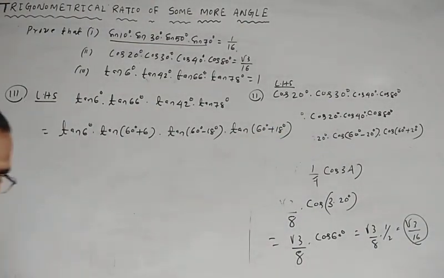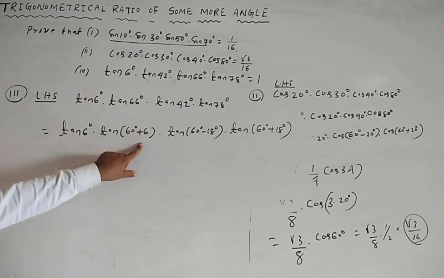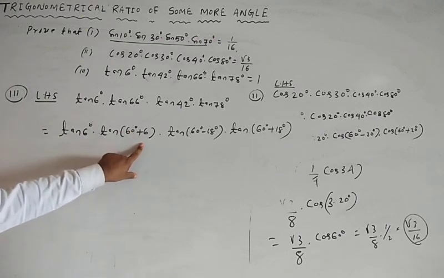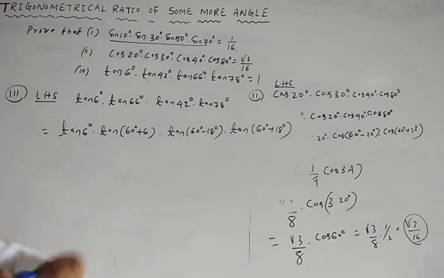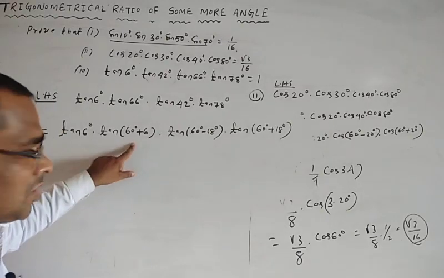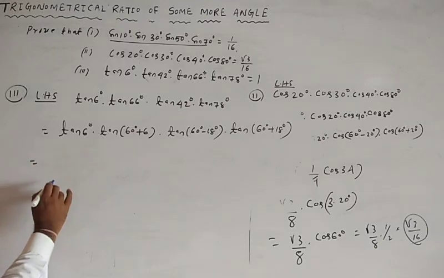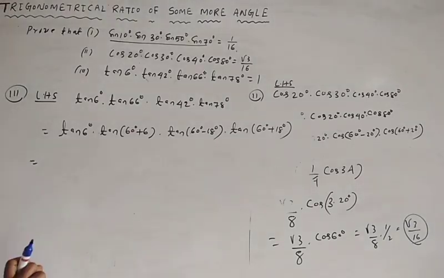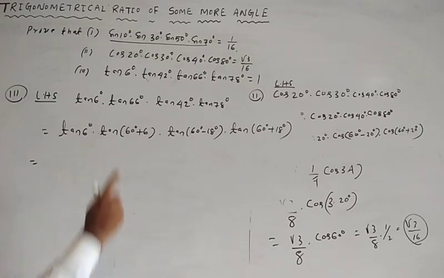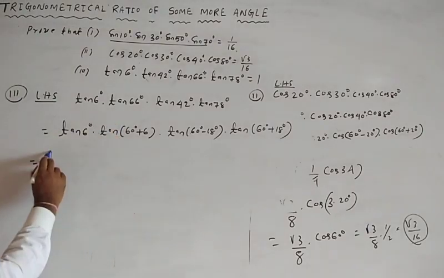But why do we require tan 6 into tan(60 plus 6), but tan(60 minus 6) is not there? Here we multiplied and divided by tan(60 minus 6), because in order to use the formula, tan(60 minus 6) is required. So this term is multiplied and divided.